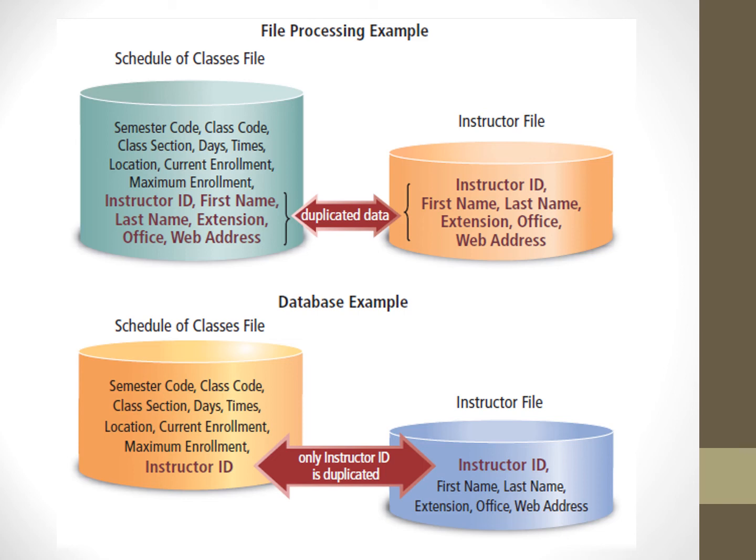It's very important that your instructor ID must be coming from the instructor file, not that you are going to create another instructor record within the schedule of classes, just like what is happening in a file processing system. So this is a very good example of how data are being processed in the two approaches.